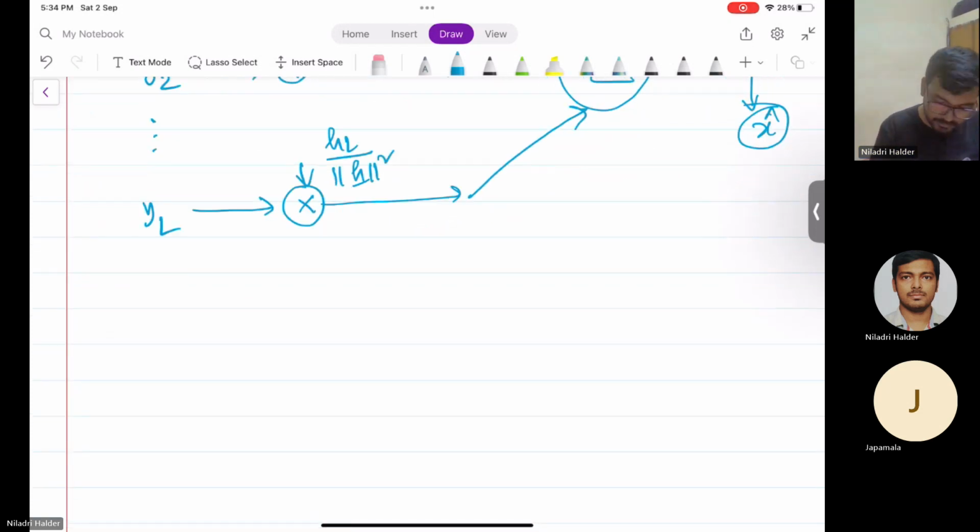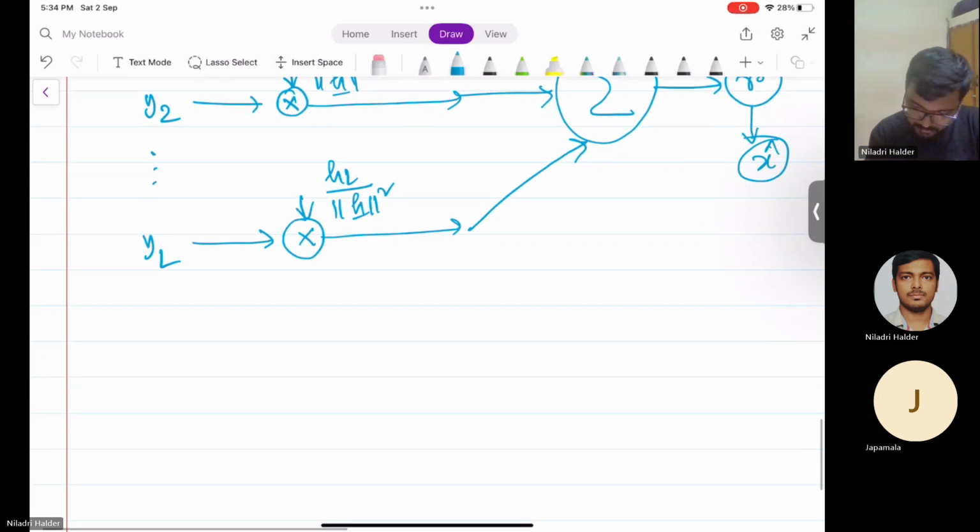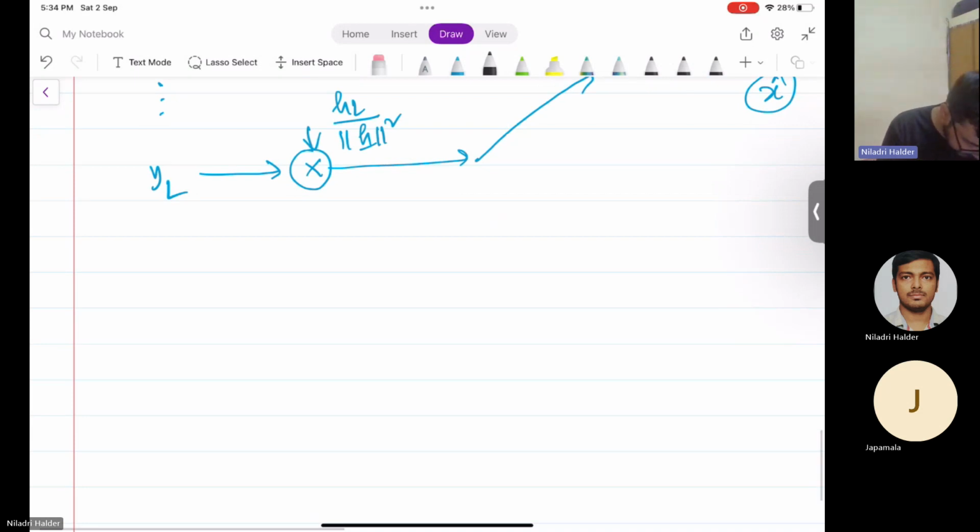Now the second thing is beamforming with interference.